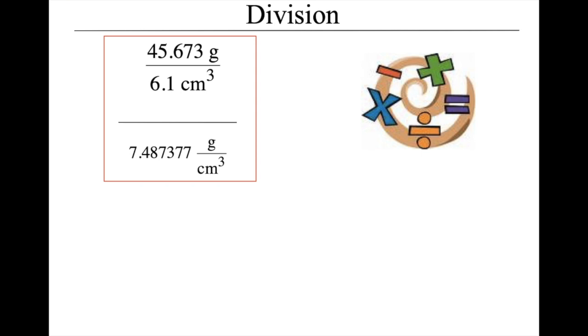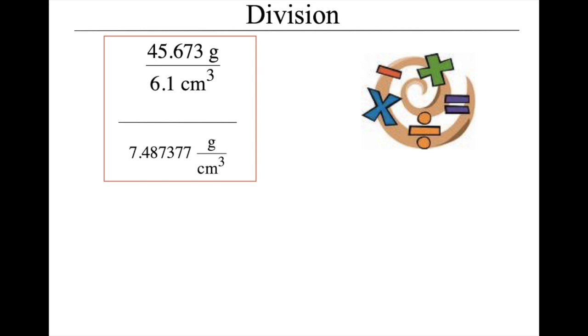Certainly, simply by dividing those numbers, our answer can't be more accurate than the measurements that we started with. So now we have to apply our significant figures rules. Our first measurement, the mass, has 5 significant figures. Our second measurement, the volume, has 2 significant figures. And so we should round to 2 significant figures.